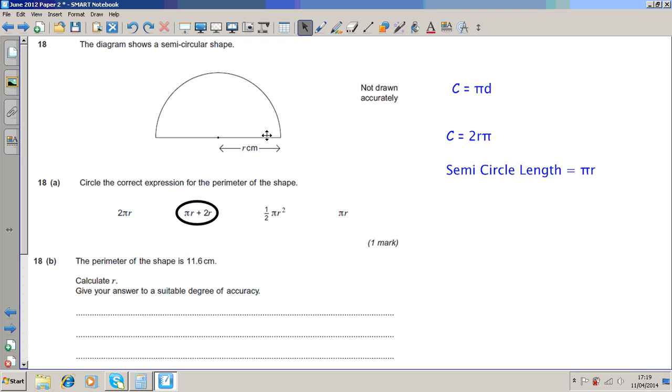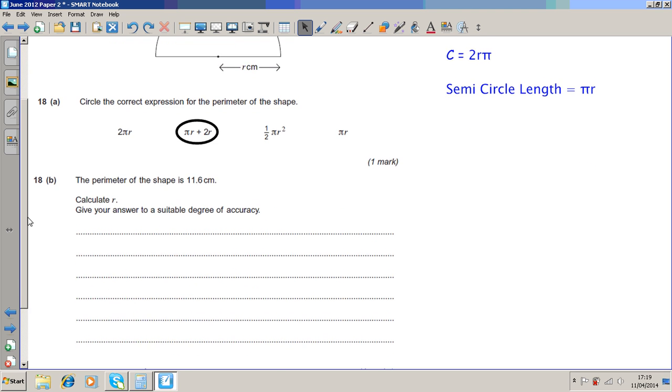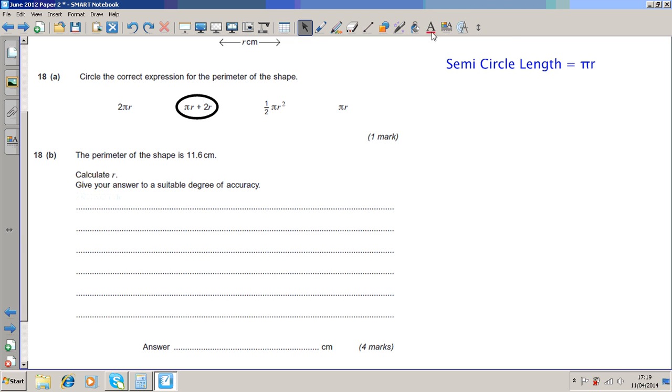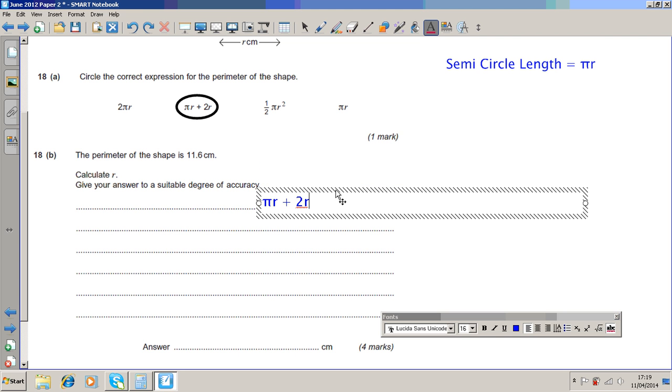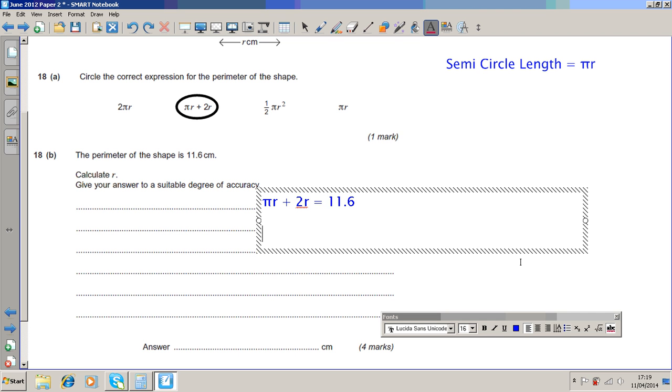Perimeter of the shape is 11.6. Calculate r, give your answer a suitable degree of accuracy. 4 marks. So, pi r plus 2r, because that's our rule, is 11.6. Now we need to get to r. So the key to this is spotting that there's r in both of these.